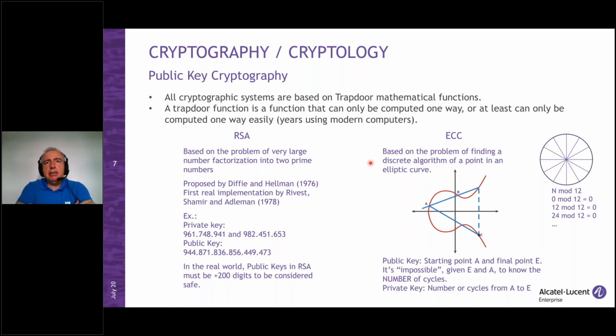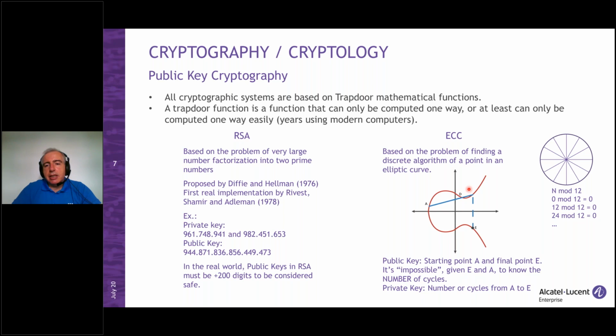In the late 80s, '87, '88, I think, if I remember, they started a new paradigm, which is elliptic curve cryptography, and it's based on elliptic curves. Elliptic curves are a polynomial function, x to the power of 3 plus x to the power of 2 plus x plus a number at the end.